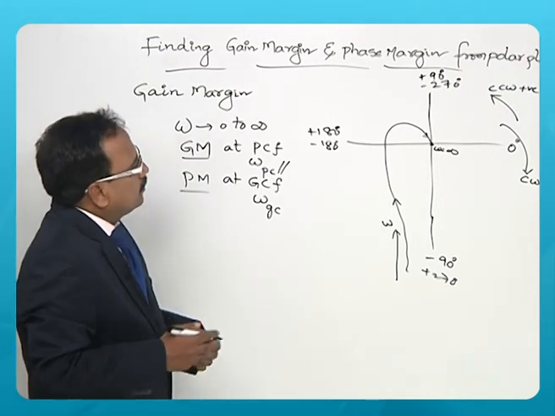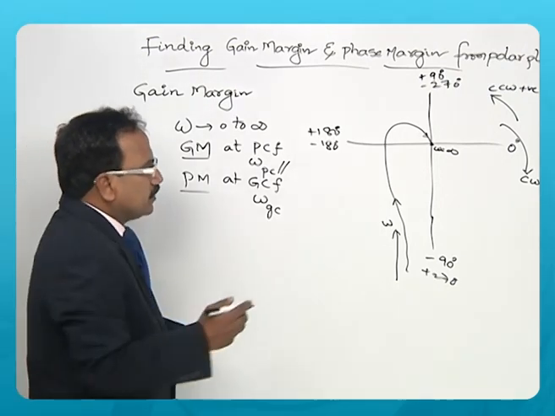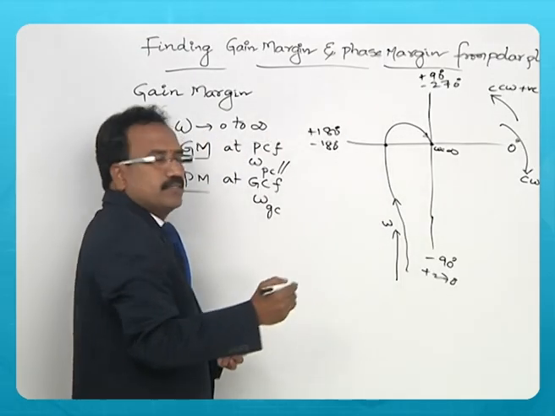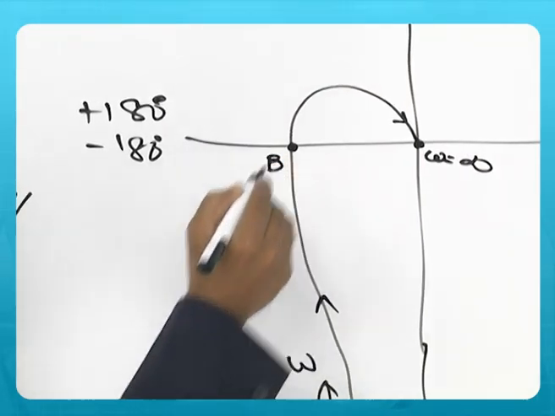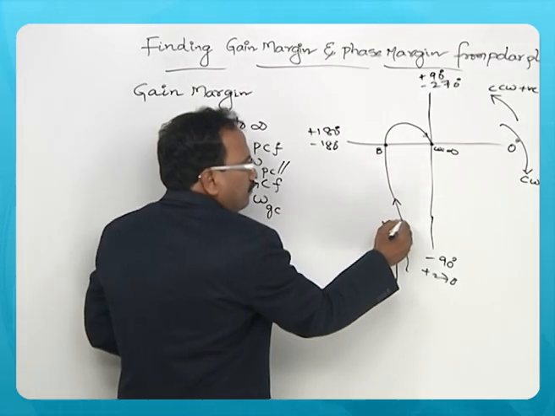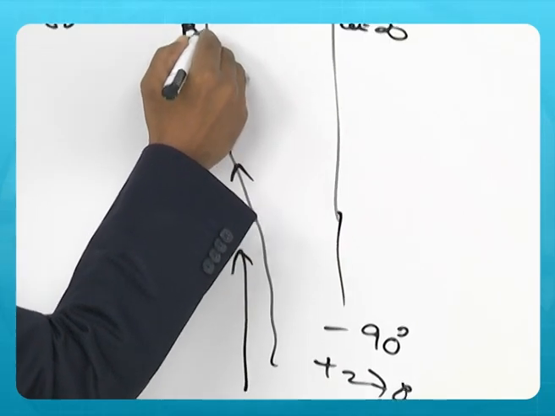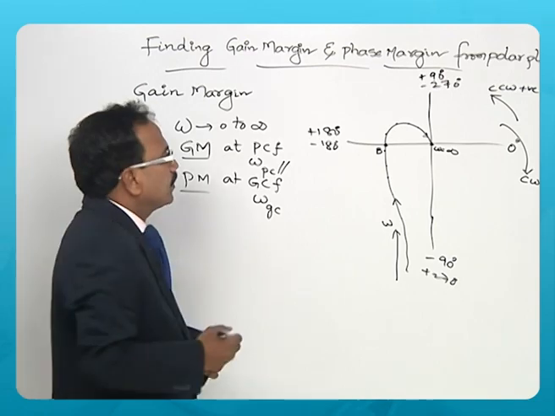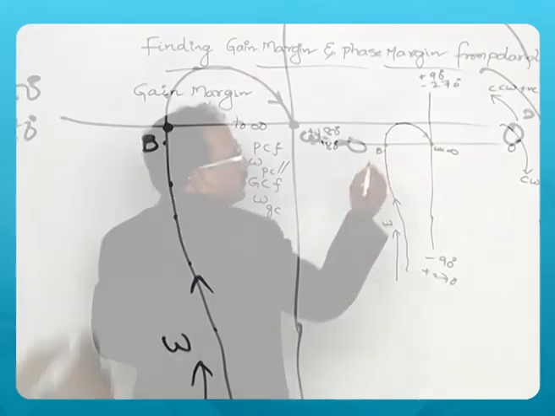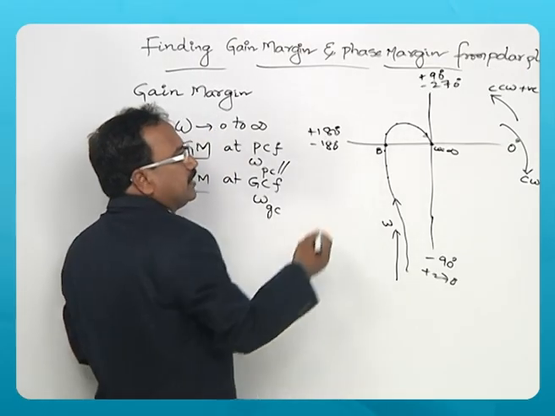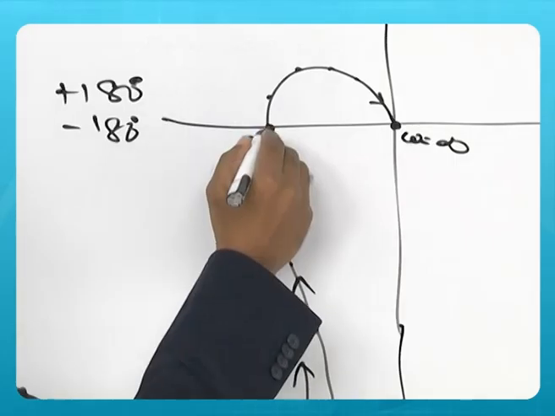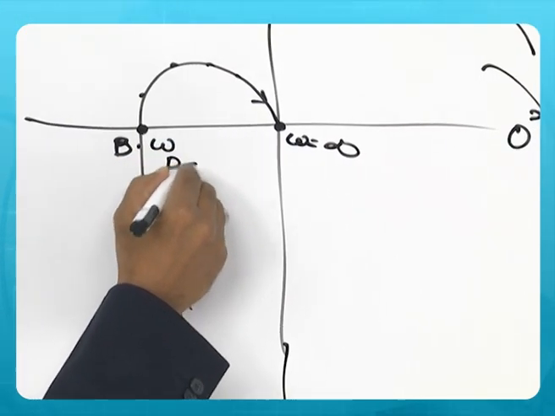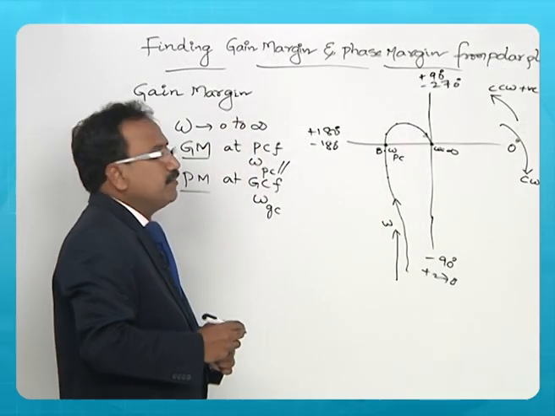Now, if you look at the polar plot, it is crossing minus 180 degrees at some point, say B. Each and every point on this polar plot has magnitude as well as phase angle. At this point the polar plot is crossing the minus 180 degree line, so this point is called omega Pc, the phase crossover frequency.